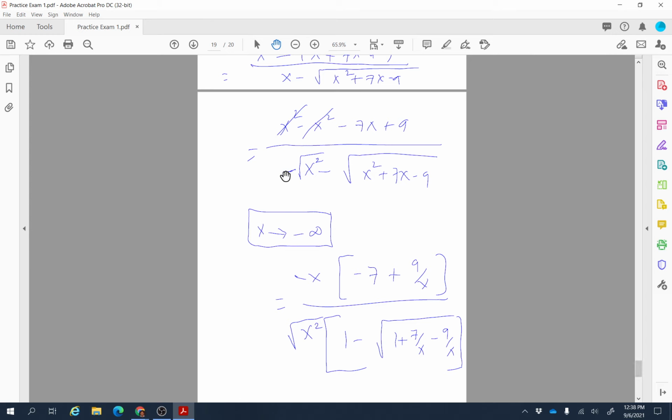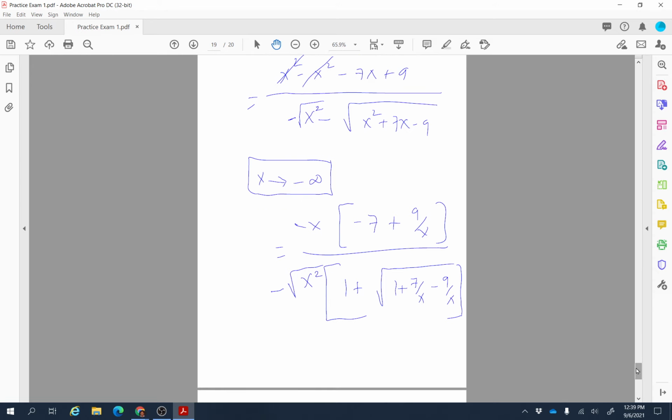So when I simplify this, it will be 1 plus the square root of 1 plus 7 over x minus 9 over x squared. By doing that, when x goes to infinity, this goes to 0, this goes to 0. Now look here. This negative x is actually the square root of x squared, and there is a negative square root of x squared, so this will be cancelled out.